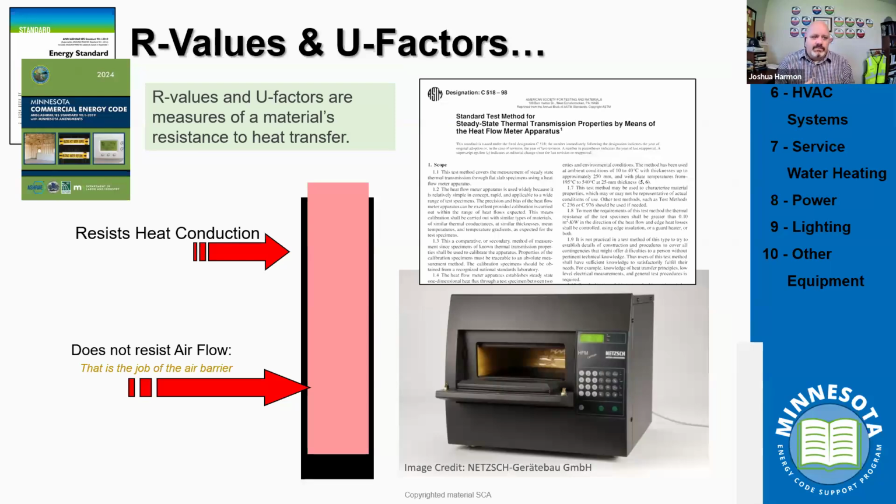We have ASTM standards on how we actually calculate thermal resistance values, how we calculate those U factors and R values. And in all reality, the U factor as a measure for thermal resistance was created back in 1701. Isaac Newton wrote an article documenting the concept of calculating thermal resistance.